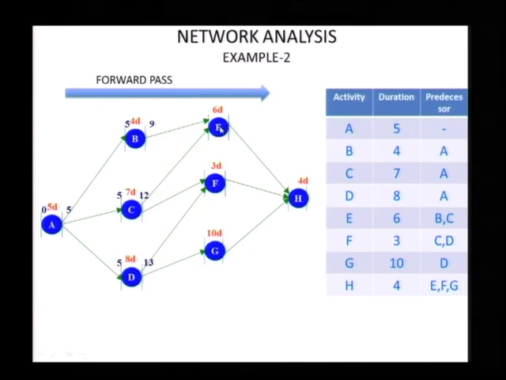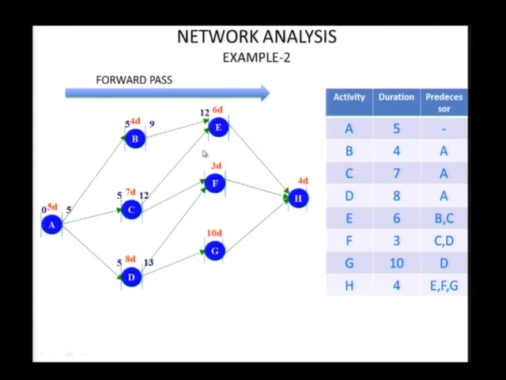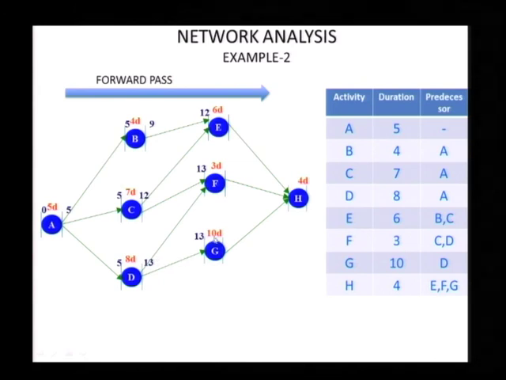So now where should E start? 12, because its predecessors are B and C. C only finishes by 12, so it has to go to 12. F has 12 and 13 as predecessors, so it's 13. G has only 13 as a predecessor.